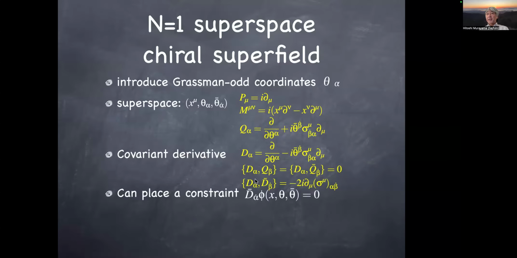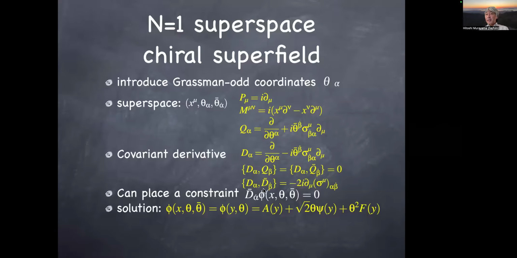Using this, you can start writing down the Lagrangian, or you can also constrain the superfields, which are a generic function of x, theta and theta bar. And when you use this constraint, which is now guaranteed to be consistent with the supersymmetry transformation, the solution is a simple expansion in theta.